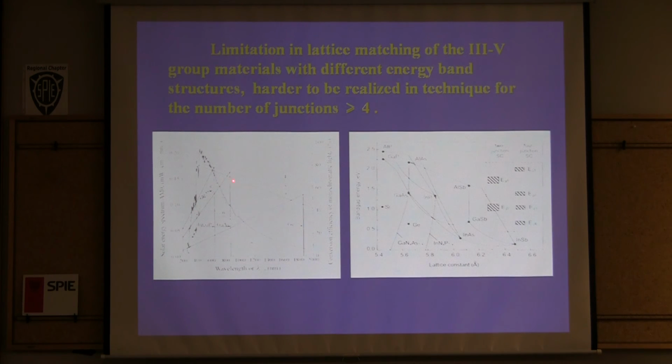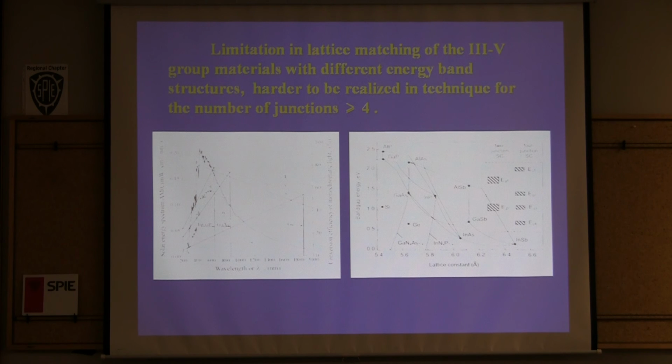So one junction is not enough. You should put 1, 2, 3, maybe more. But the problem is that we have no natural material that can match all of them. The lattice mismatch causes defects in the material and the device, and also a very high material cost. When the number of junctions is larger than 4, this is very difficult.